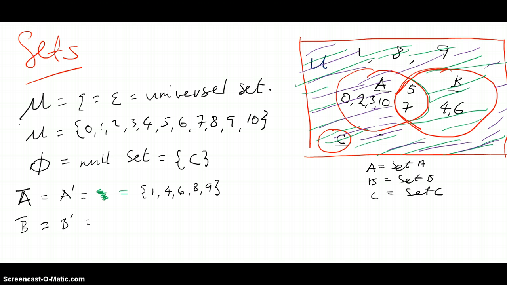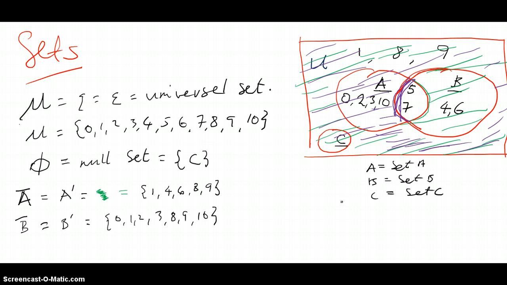Once again, make sure you don't include the intersection, because the intersection is still part of set B. So what is everything outside of set B? It's going to be 0, 1, 2, 3, 8, 9, and 10. So the set B complement, curly brackets, 0, 1, 2, 3, 8, 9, and 10.